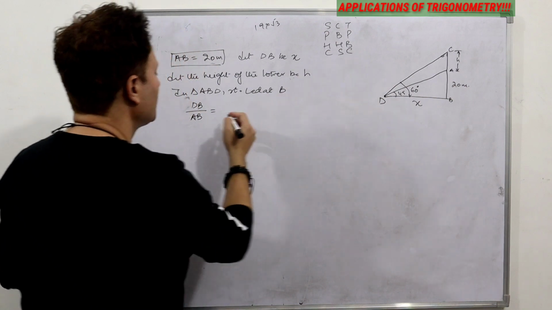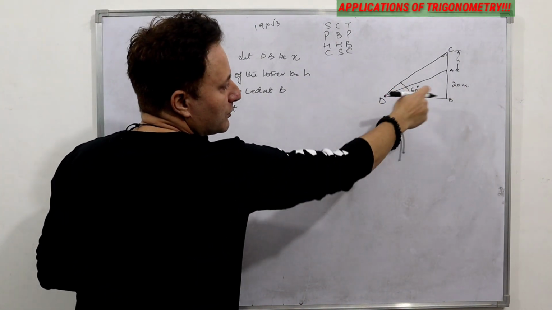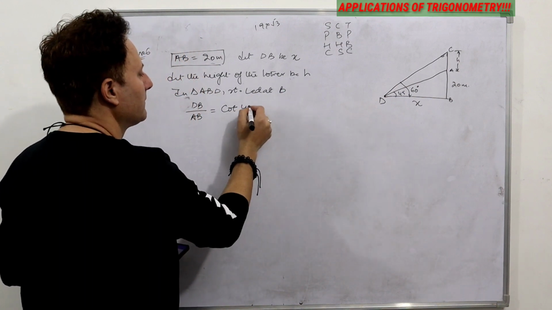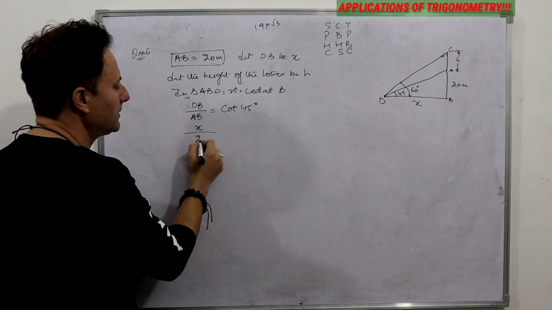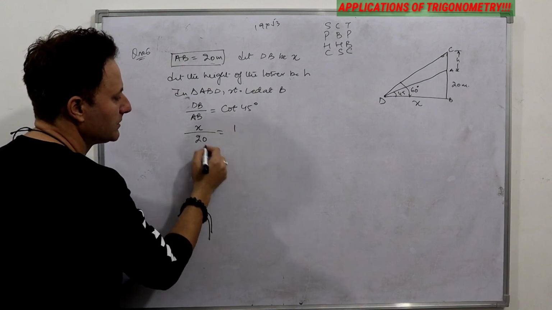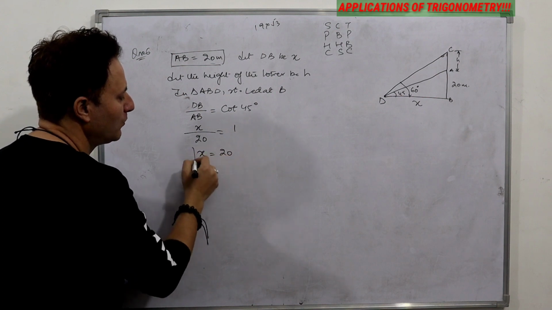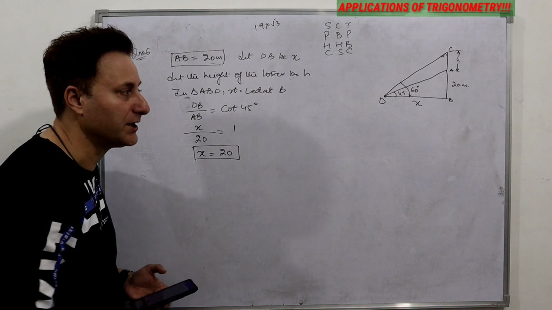Base upon perpendicular is cot. So this is cot, and the angle for the smaller triangle is 45. So DB we have put as x, AB is 20, cot 45 is 1. x is equal to 20 multiplied by 1. We have the value of x, and the value of x is 20.